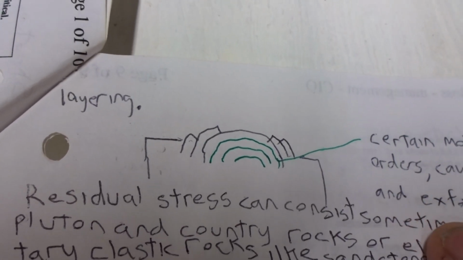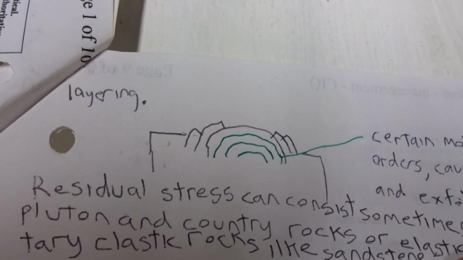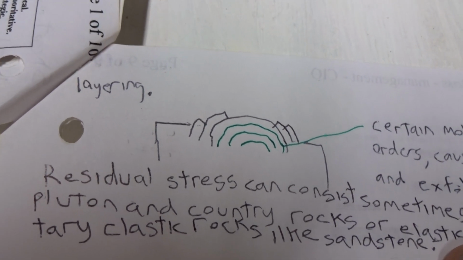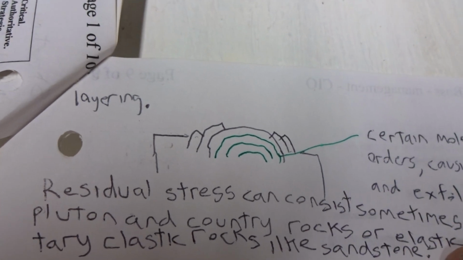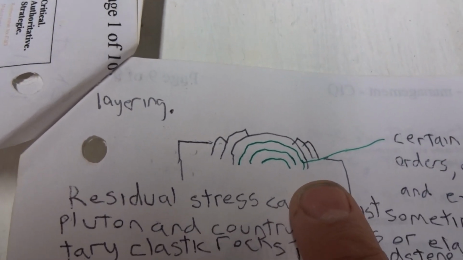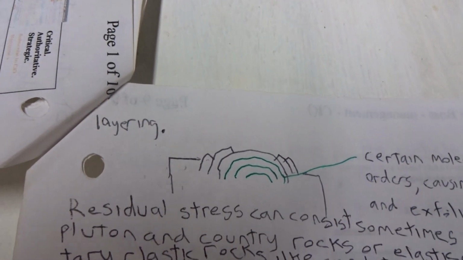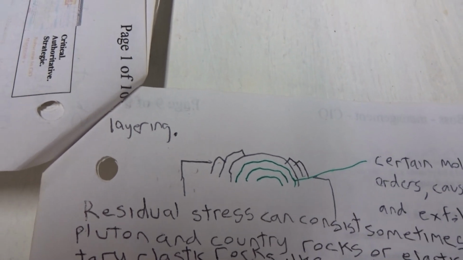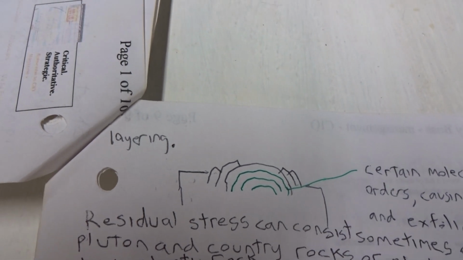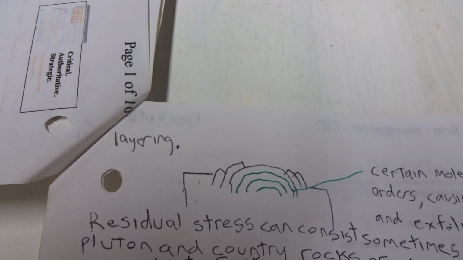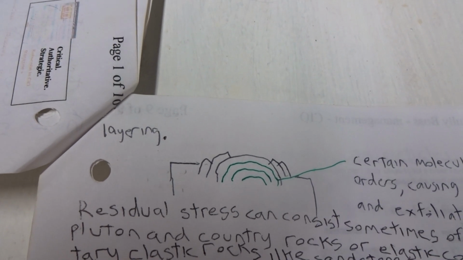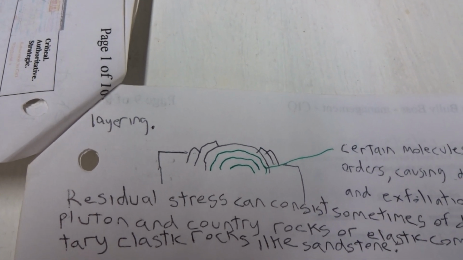Certain molecules crystallize out in different orders, causing differential compositional layering and exfoliation jointing as seen here in the green lines. Residual stress can consist sometimes of differential thermal gradients in pluton and country rocks, or elastic compression stored in sedimentary clastic rocks like sandstone.